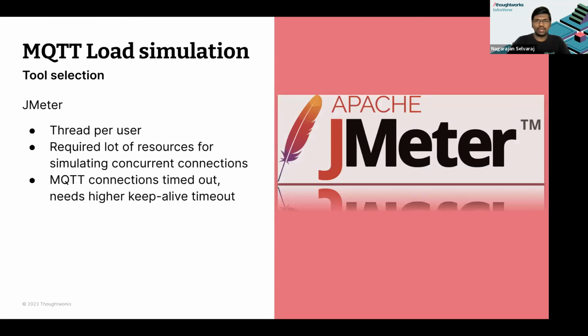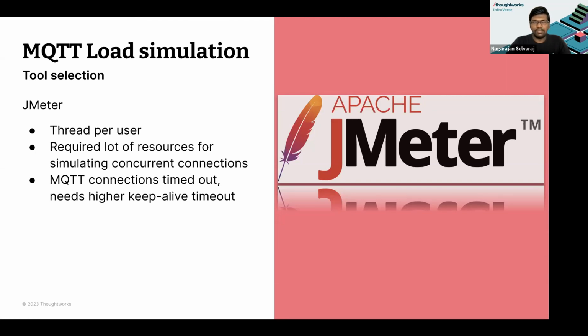The first one we started with is Apache JMeter. JMeter has been there for a very long time. It might even be the first top result when you search for performance testing in Google, right? It is based on Java, and it follows a thread-per-user model.